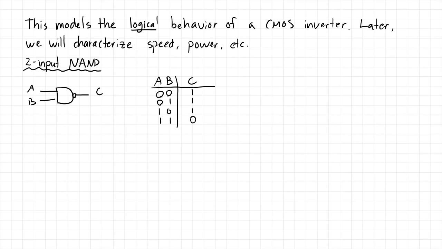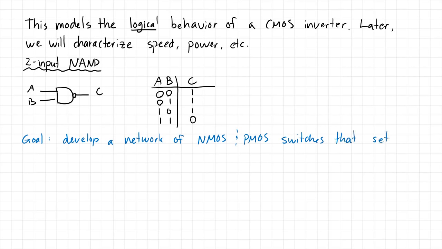Okay, so what I'd like to say here is the goal of this exercise is to develop a network of NMOS and PMOS switches that set C, output C, to the correct VDD or GND level, depending, of course, on A and B.